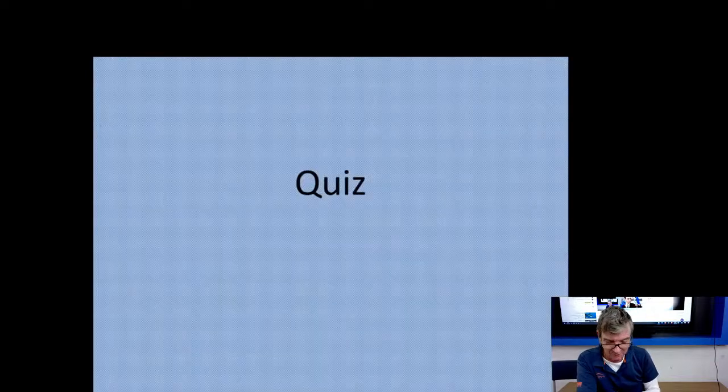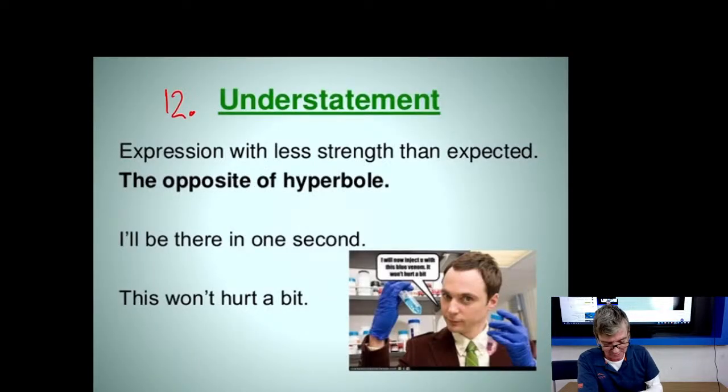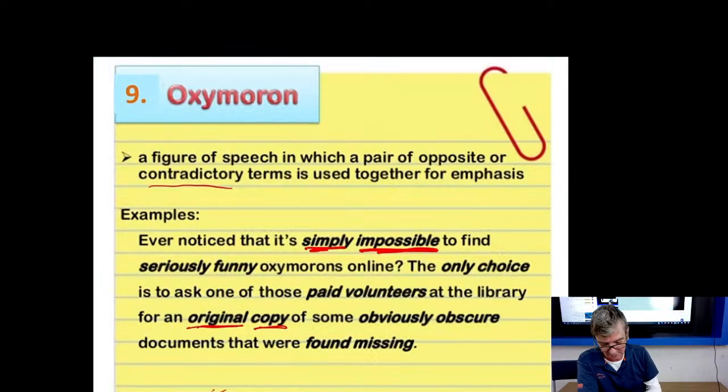So now then, let's have a little quiz. I hope you've been making notes, because this is where your notes are going to be handy. But actually, let's go back, shall we? Yeah, we can go back actually.